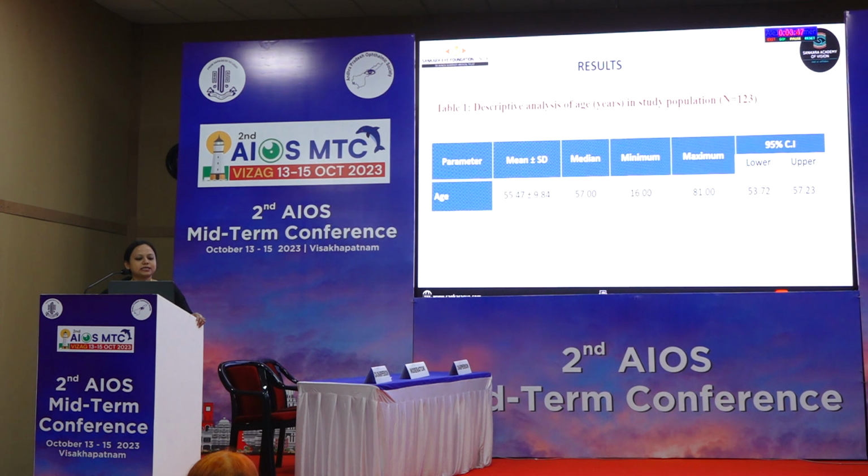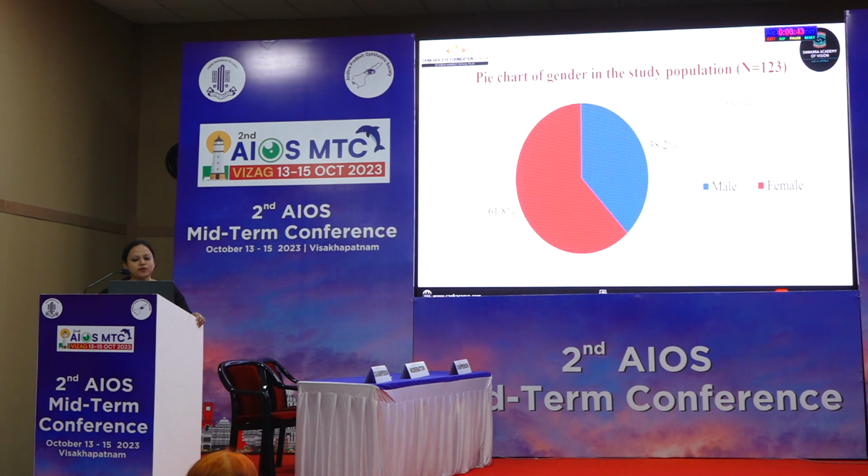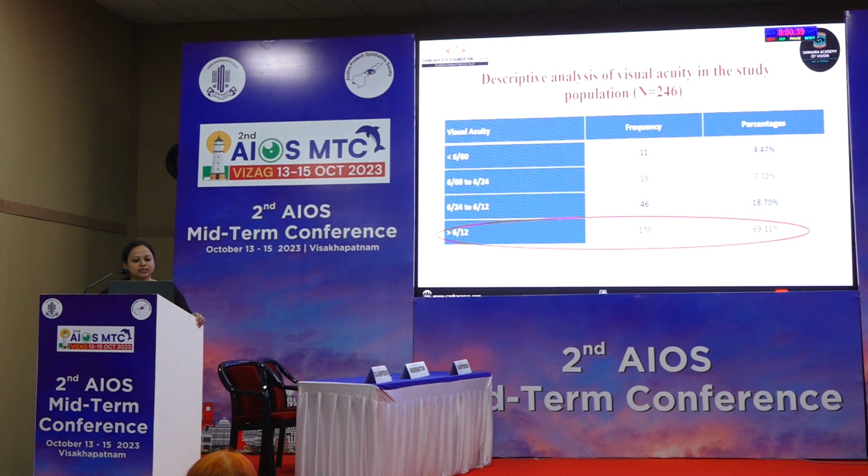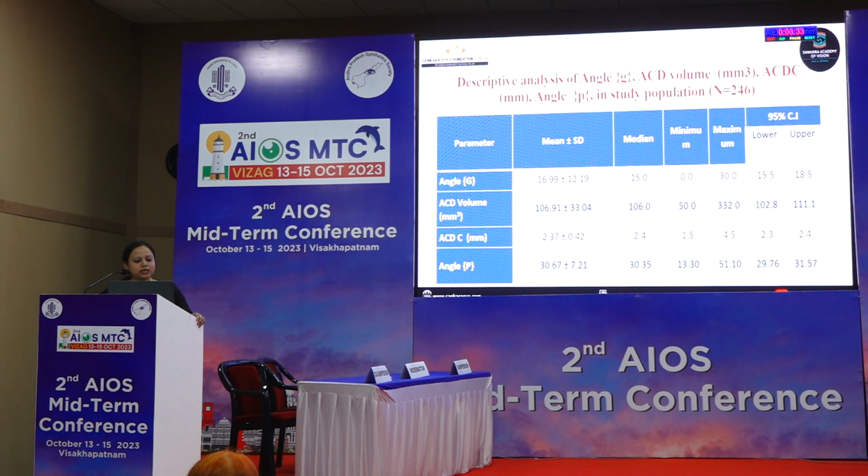My mean age is 55.47 plus minus 9.84. Female to male ratio is 1.6:1. In my study, approximately 70% had better visual acuity. The mean angle is 16.99, ACV 106.91, ACD 2.37, and angle 30.67 degrees.